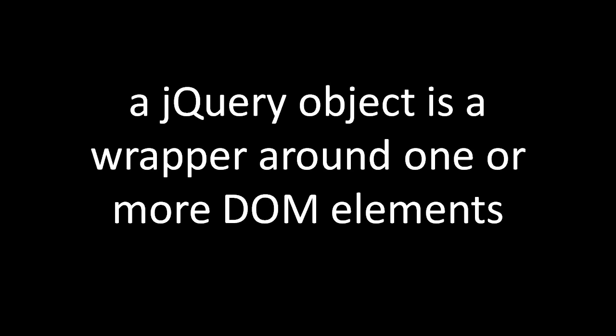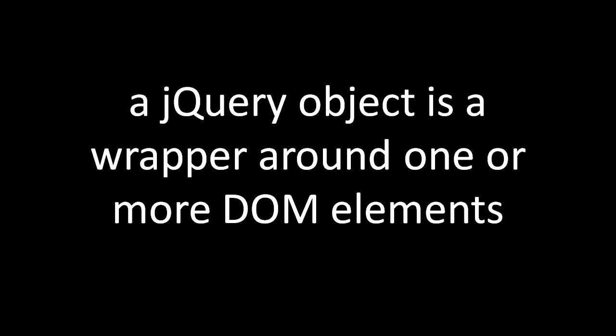In a sense, a jQuery object is a collection of other objects, of DOM element objects. Basically, what's going on internally is the jQuery object has a property which is an array holding those other elements. And as we'll see later, the jQuery object has a bunch of methods which are useful for inspecting and manipulating the elements which it contains.